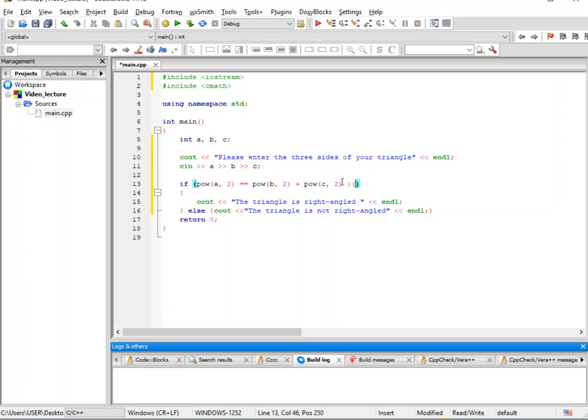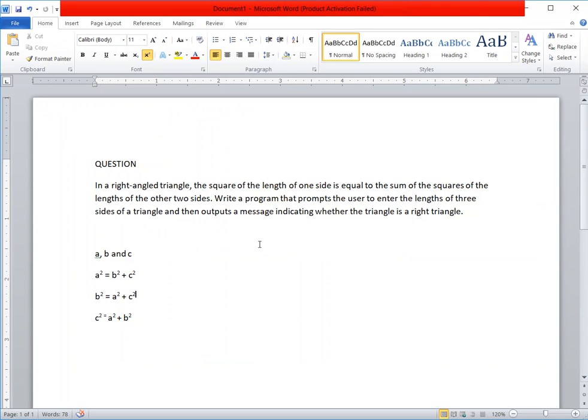remember this is the symbol to use for or in C++. So we are going to do or if the second statement we said what? Remember, we said if B squared is equal to A squared plus C squared.